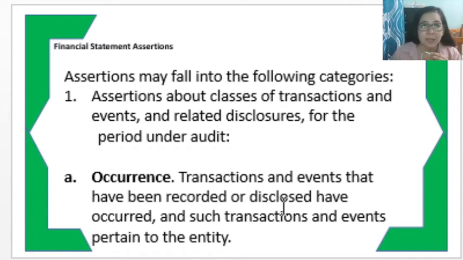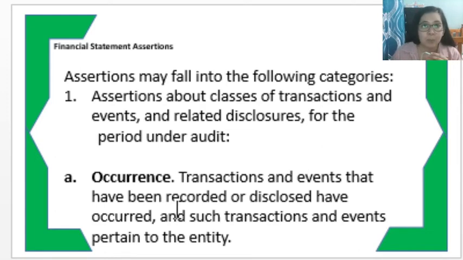So in this case, the auditor will determine if the transactions and events that have been recorded or disclosed have occurred and such transactions and events pertain to the entity, meaning those transactions that occurred should be recorded or disclosed.